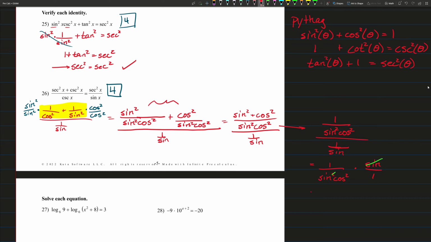And then you have 1 over sine cosine squared, which we can split up into 1 over sine times 1 over cosine squared, which is going to be secant squared. And then we have secant squared over sine. Again, there's probably an easier way to do it. That's just the way I chose.